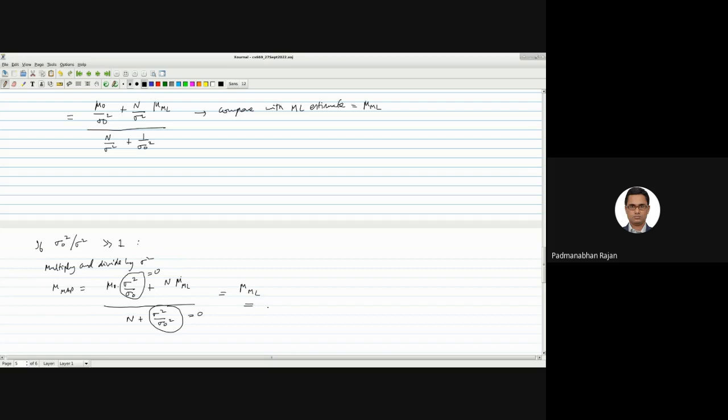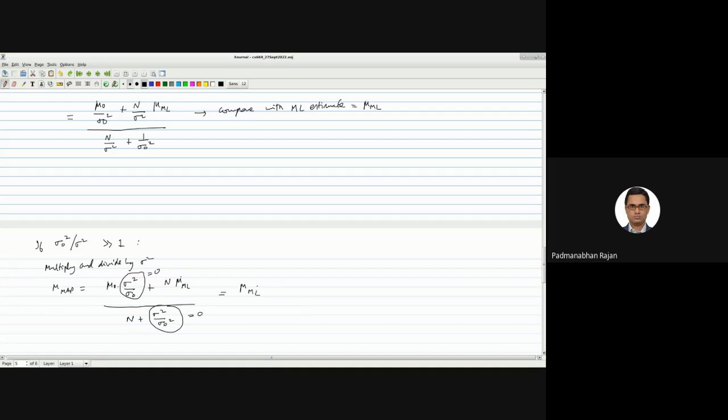So basically what is it saying? It is saying that if the variance of the mu which we want to estimate, the hyperparameter, is very large, if all possible mu's are quite likely, then basically your MAP estimate will become similar to the maximum likelihood estimate.